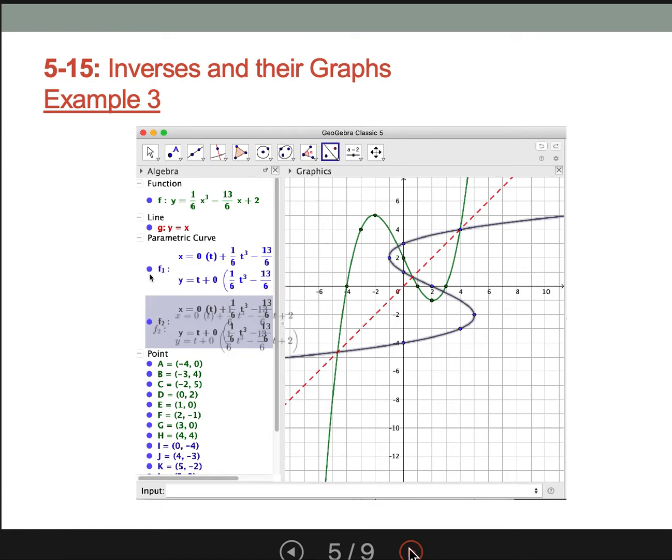These are the same exact two things. So this is a reflection of the blue function, or not a function, but the blue relationship between all these points, which is the inverse relationship of this cubic. You fold it along this line y equals x, and they land on top of each other. So that's it.